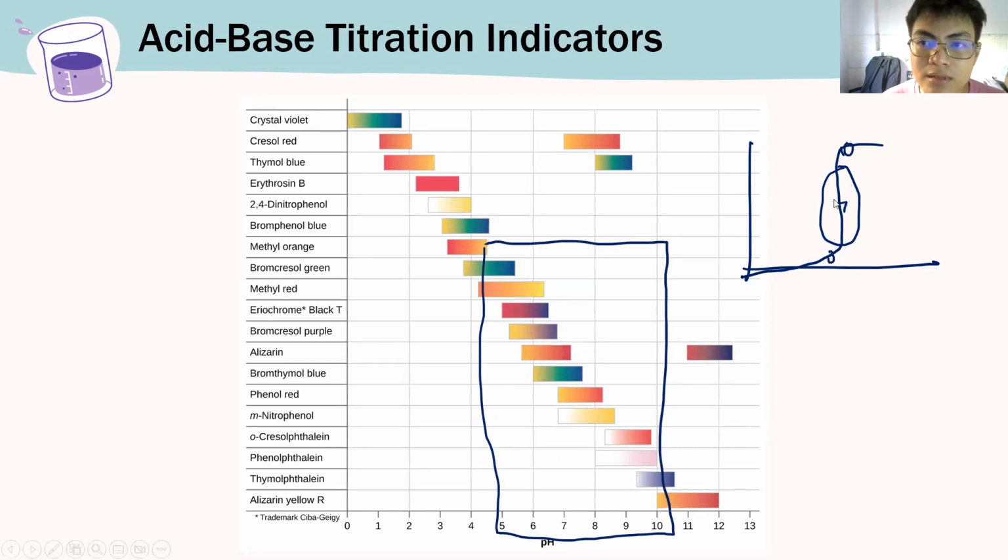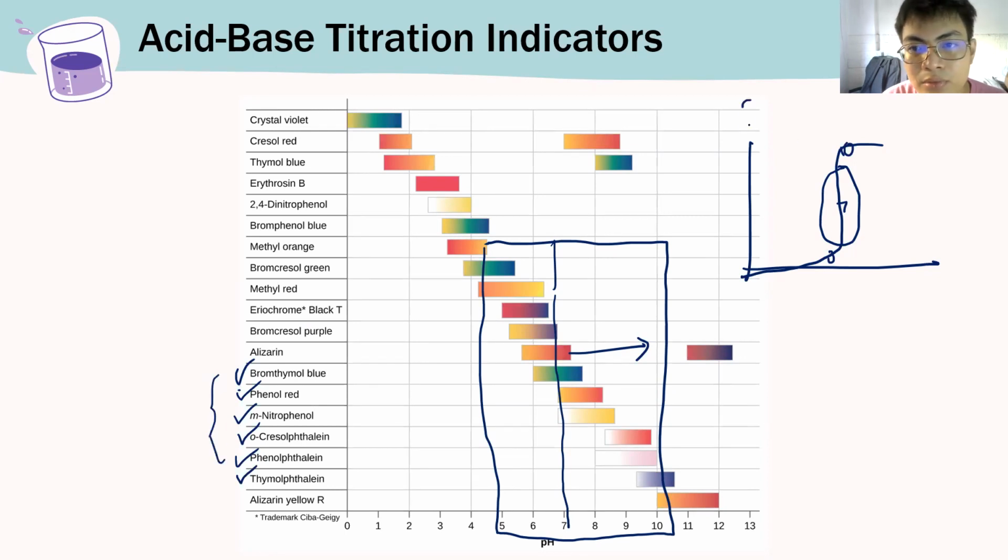So, that's why for a strong acid, strong base titration, medyo malawak yung scope. But again, the endpoint is around 7. So, pipili ka ng indicators that are around 7 and beyond. Ano yung mga indicators na pwede? Pwede bromothymol, phenol red, orthocresol, phenolphthalein, thymolphthalein. Yan yung mga pwede for a strong acid, strong base titration.